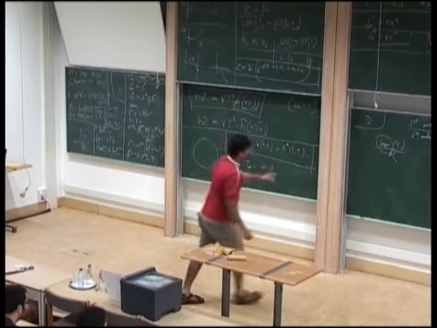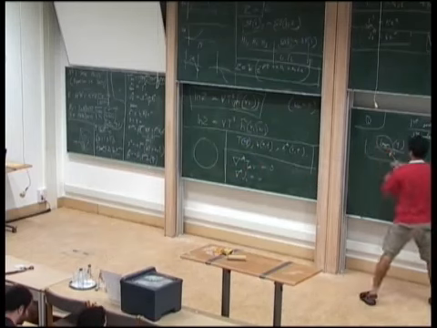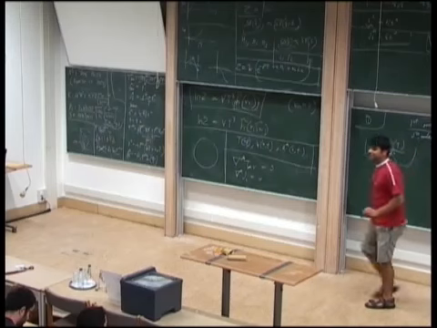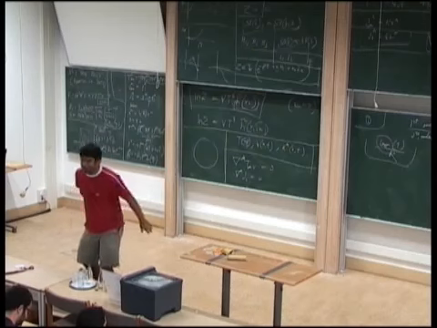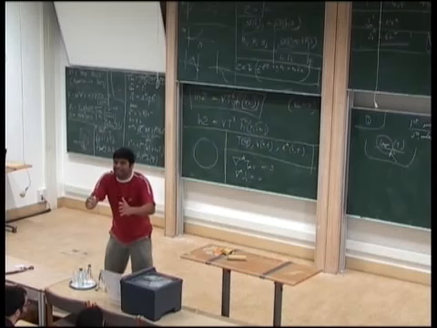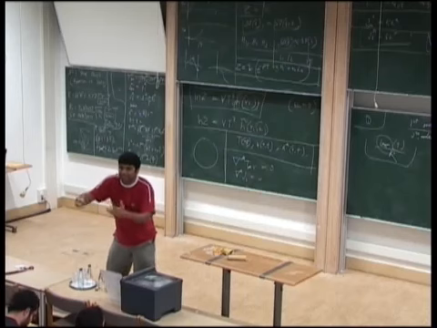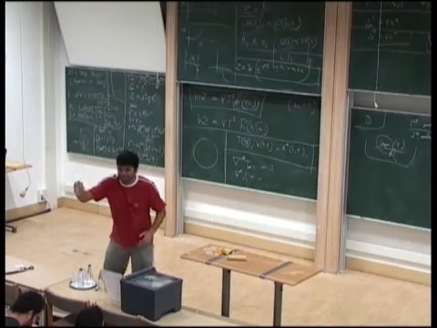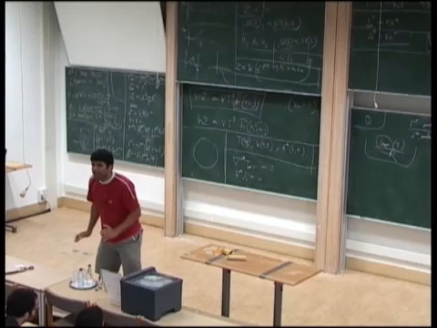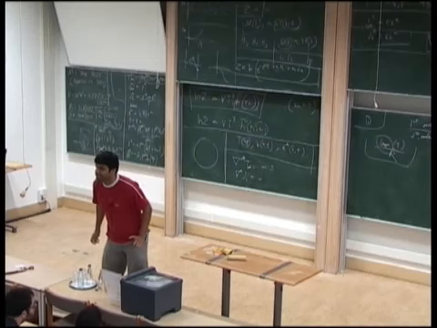Now, in order to make this sound more plausible, I want to tell you about a little calculation you can do in kinetic theory. This will not be directly relevant to the calculations we will apply this theory for, because we'll be working with strongly coupled N=4 Yang-Mills, which is not at all well approximated by kinetic theory, but still gives you physical intuition.